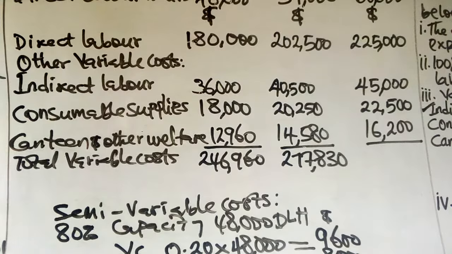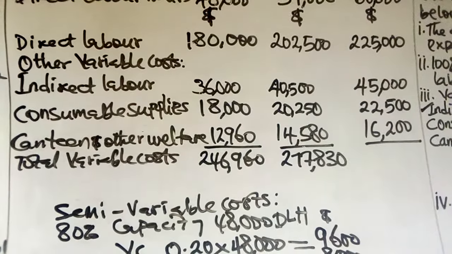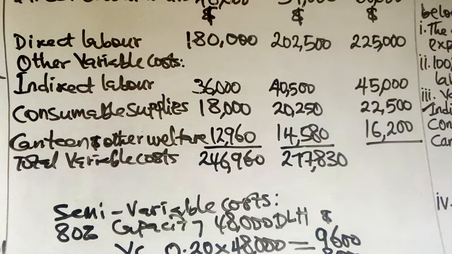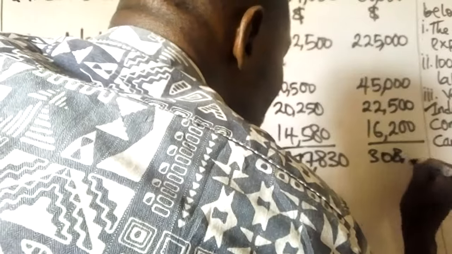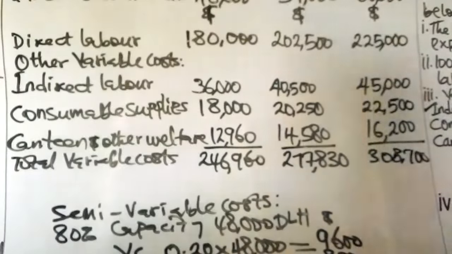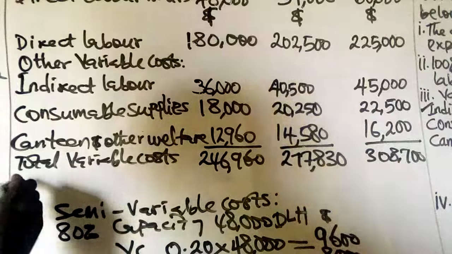Then, for 100% capacity, we have 225,000 plus 45,000 plus 22,500 plus 16,200, and that is a total of 308,700. Then we consider the semi-variable cost.